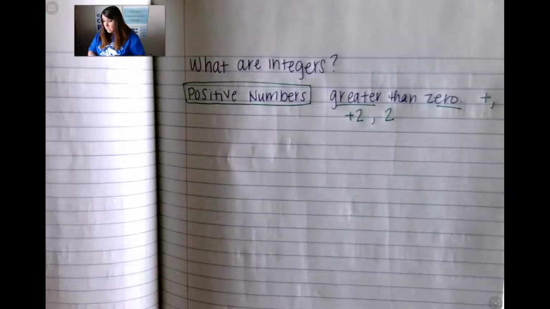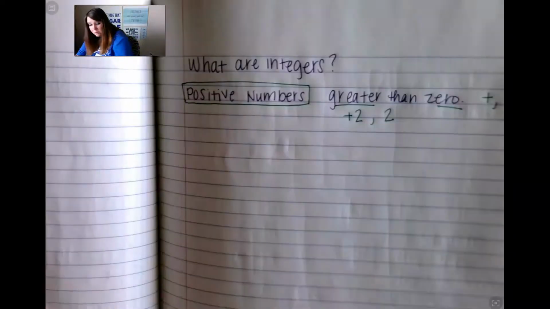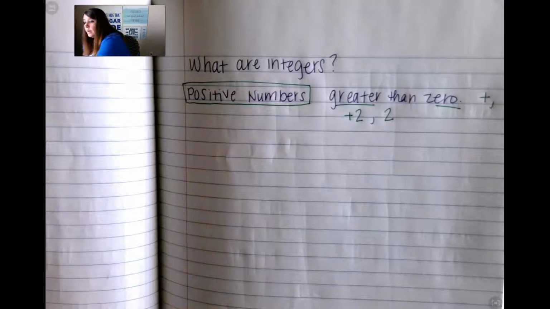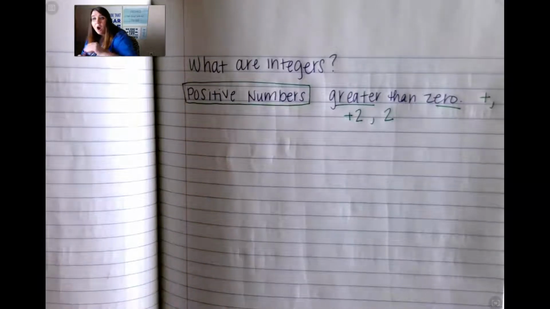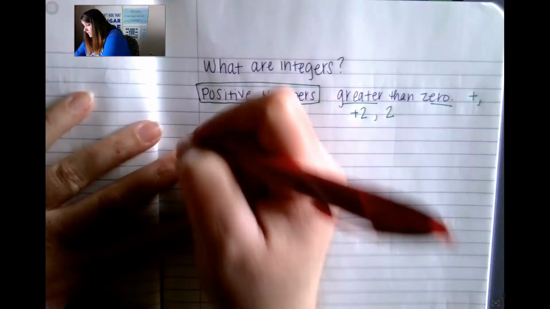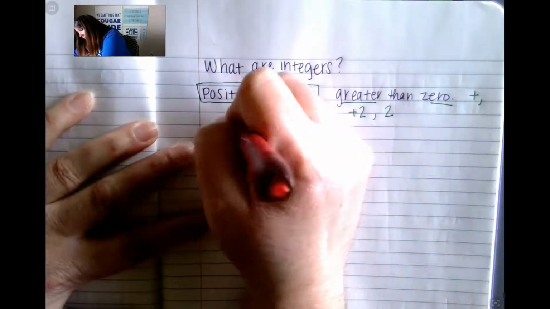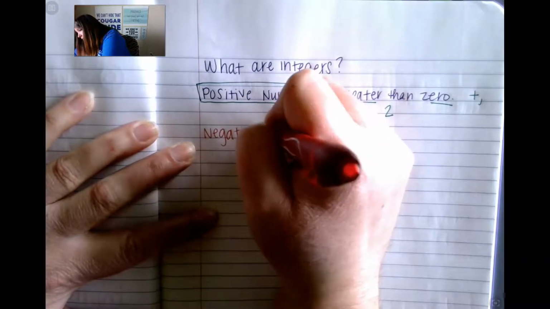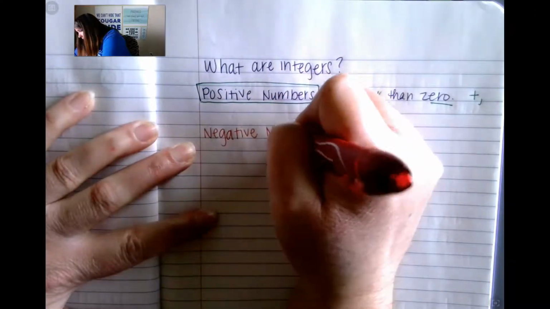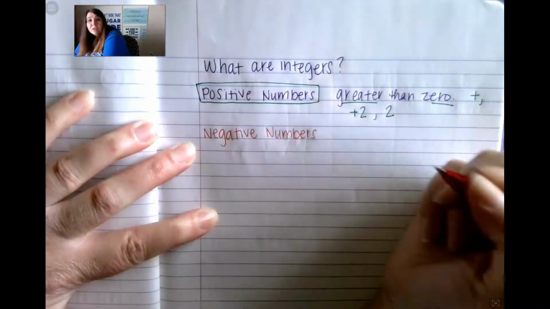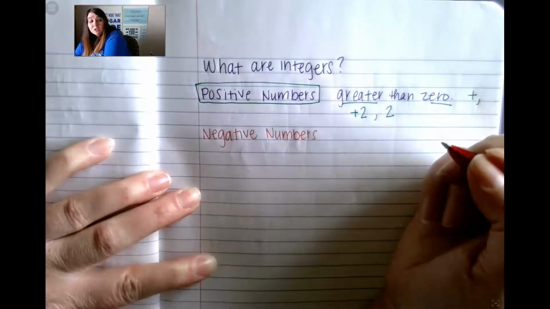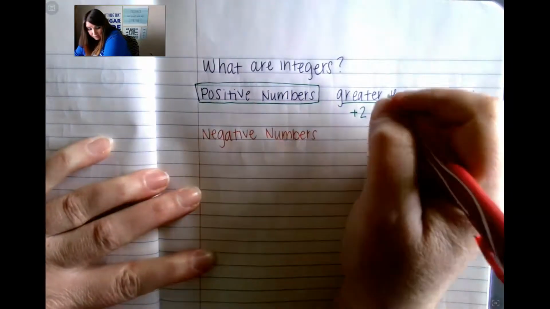Okay, the next word that we're going to look at is the word negative. So negative numbers are less than 0. And some of you may have some experience with negative numbers, but most students come to middle school with very little experience or understanding around negative numbers.